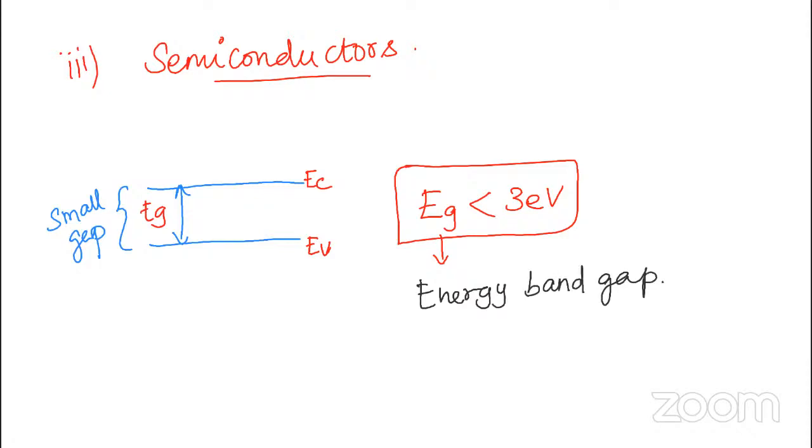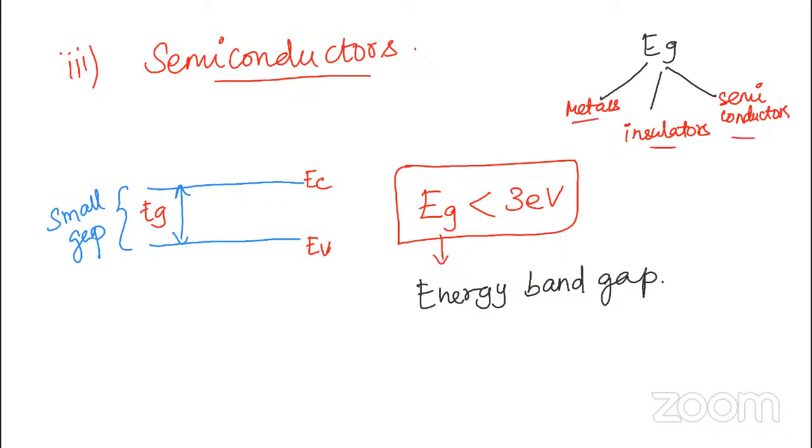So the energy band gap, we can classify into 3 types of materials, that is metals, insulators, and semiconductors. These three we have already seen, right? So for metals, the Eg value should be equal to 0. Here the Eg value is greater than 3 electron volt.